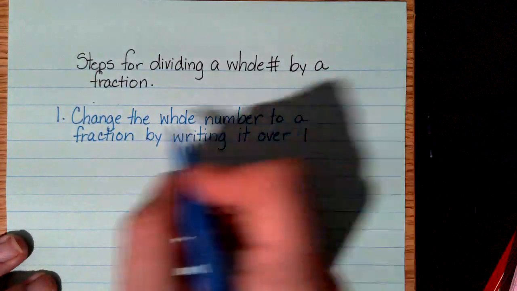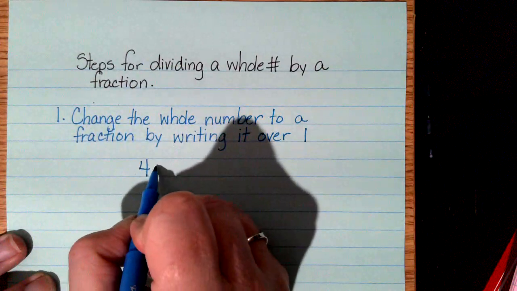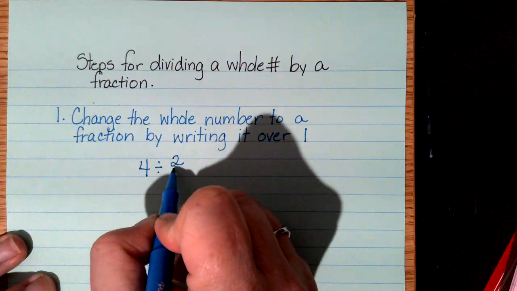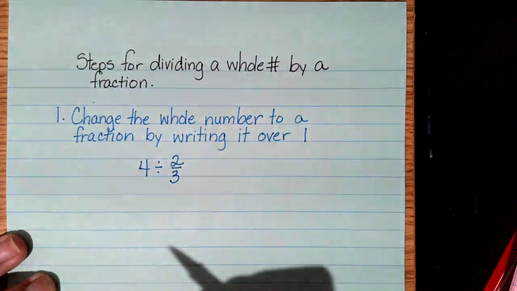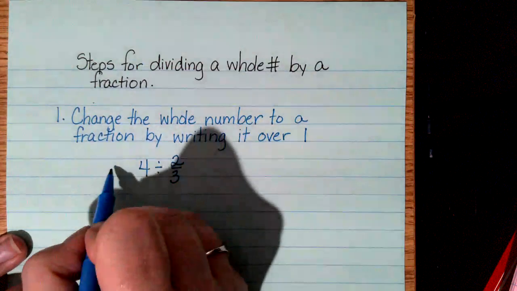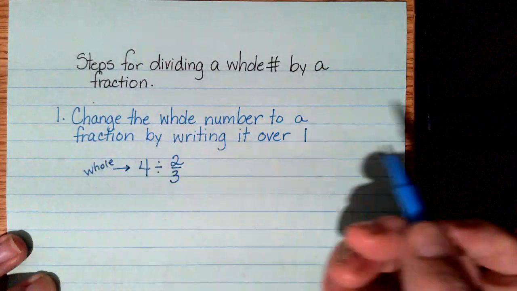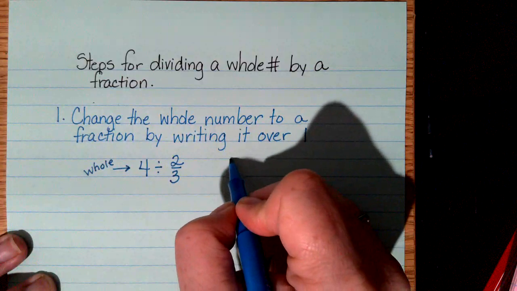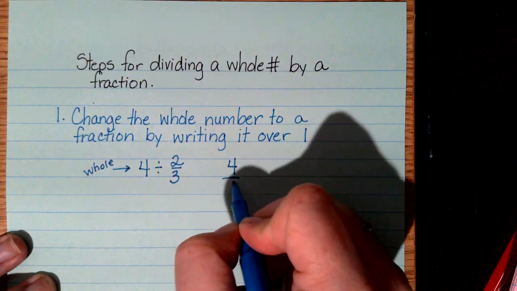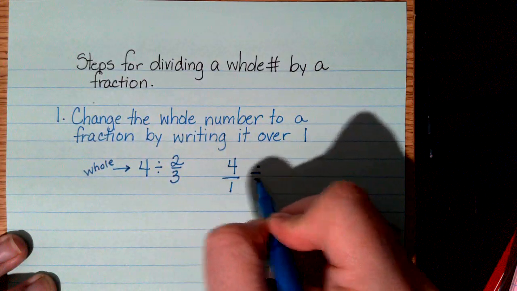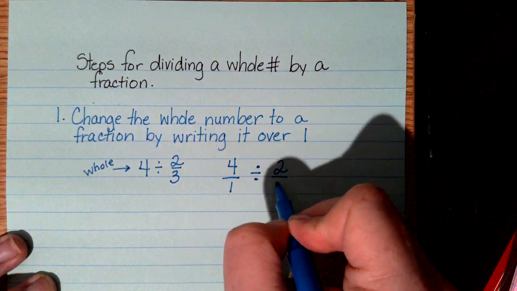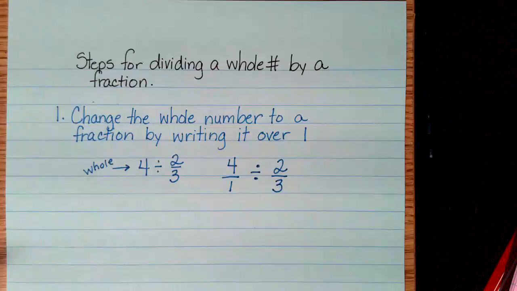So if we have 4 divided by 2/3, we're going to change our whole number to a fraction by writing it over 1. 4 over 1 divided by 2/3.